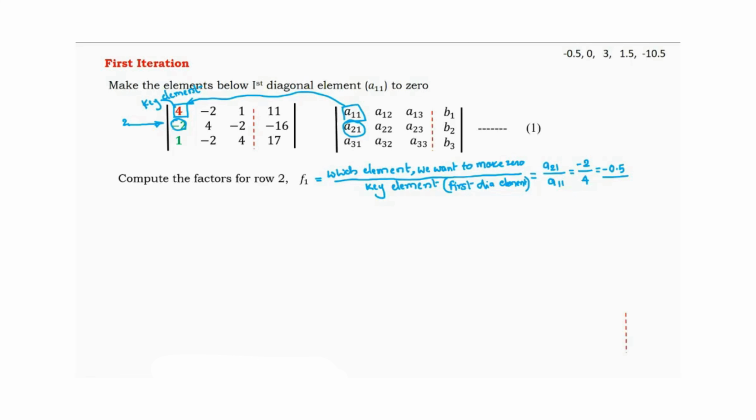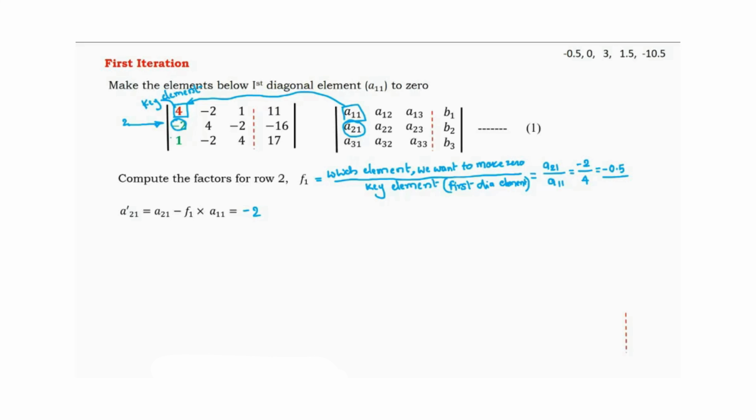So for making this element 0, we have to adopt some formula. That is common for all the rows. I have written it already here. New value: we want to make this A21 equal to 0. For that, old value, this is A21. What is the value of A21? A21 is -2.